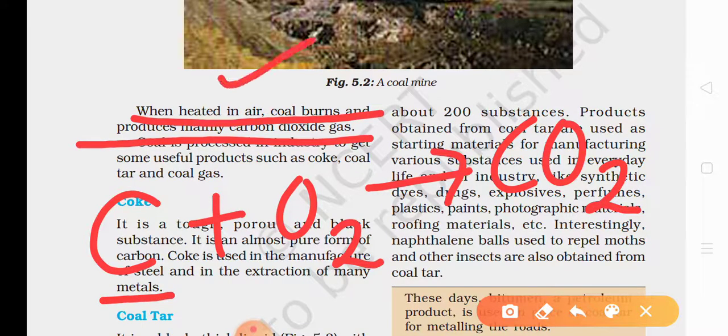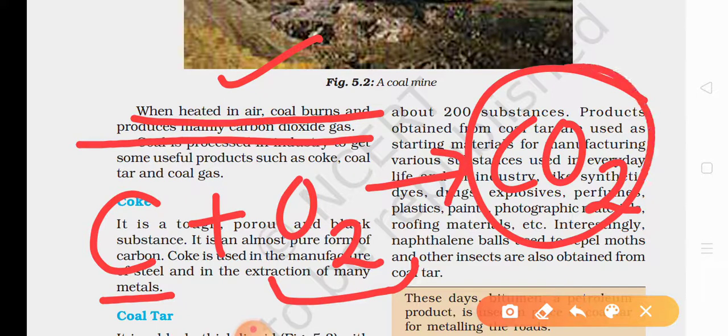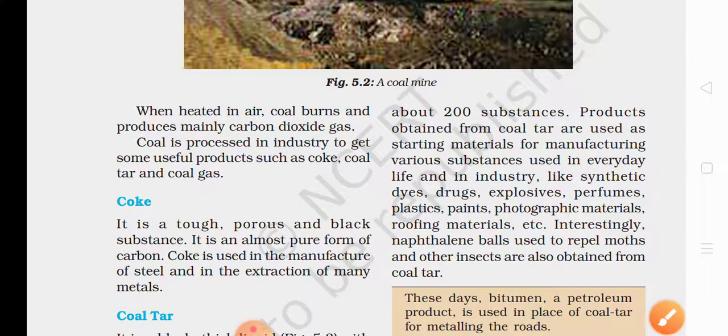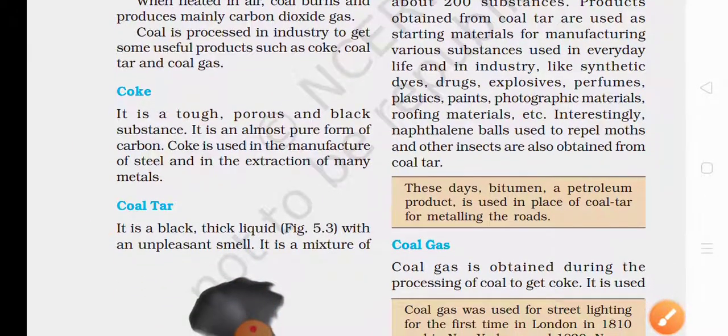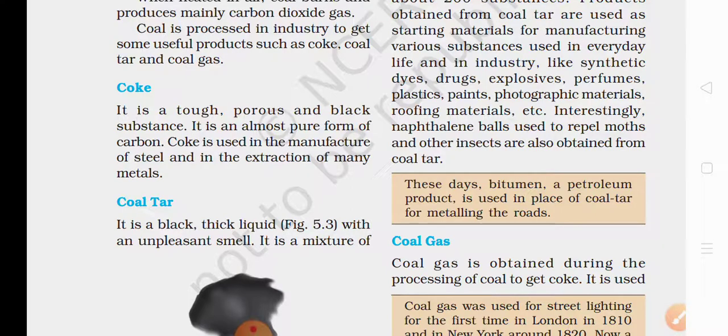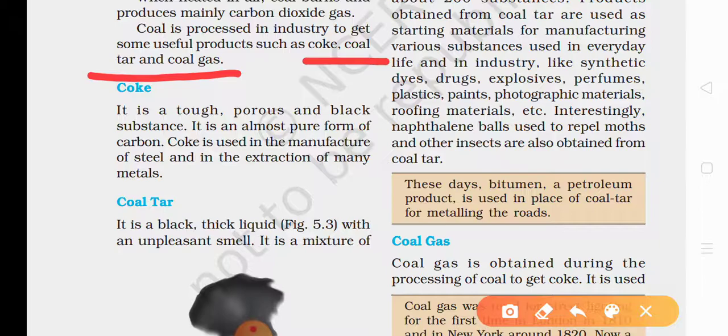When it is heated in air, meaning oxygen, it produces carbon dioxide gas along with heat energy. Okay, now coal is processed in industries to get some useful products such as coke, coal tar and coal gas.